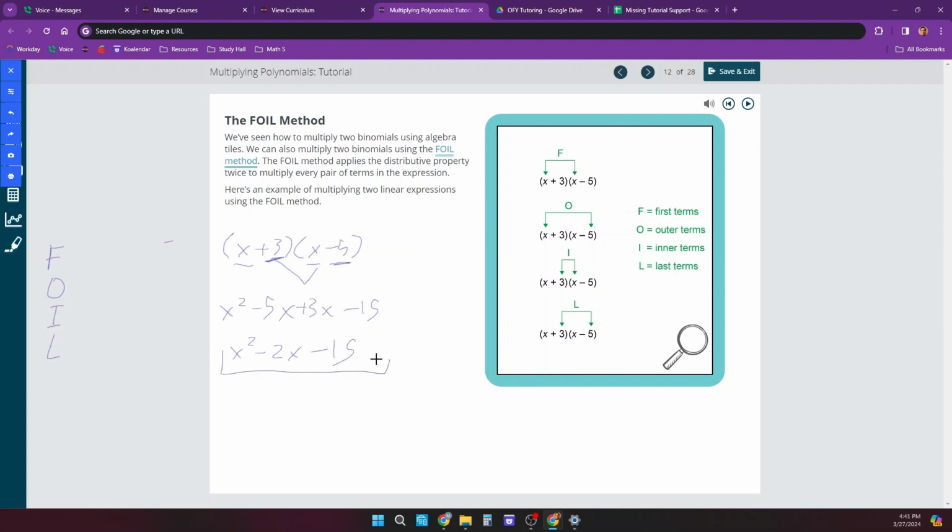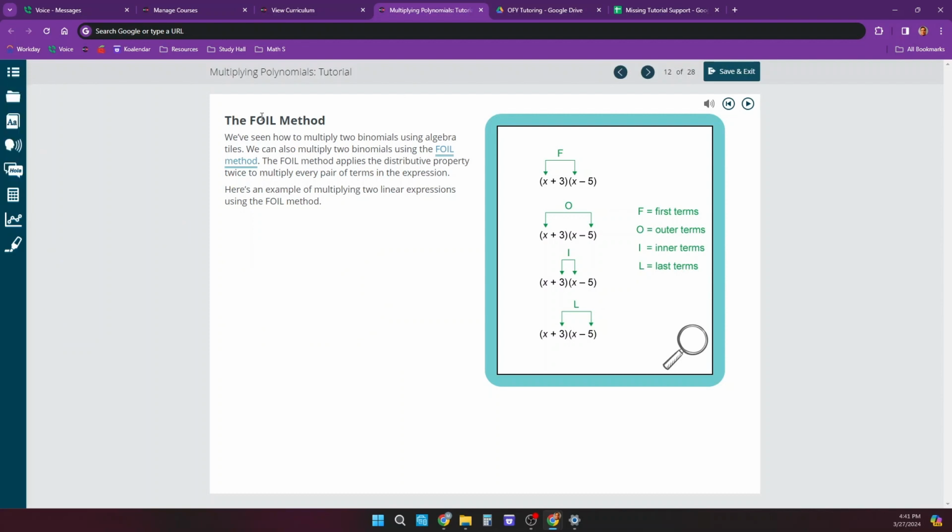So that is the FOIL method. It's not different than what I showed you before. If you look back at your notes, we did the same thing. This is just very specific for multiplying two binomials, and it will be referenced in a lot of your work to come in algebra.